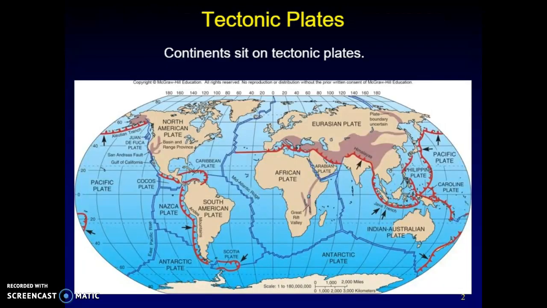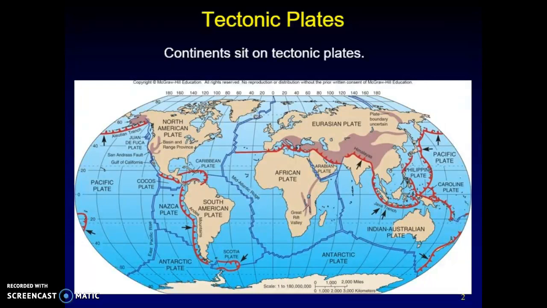The Earth is made up of tectonic plates. All the continents sit on tectonic plates. So we have the North American plate, the South American plate, African, Eurasian, and all sorts of other plates that make up the Earth's physical surface.